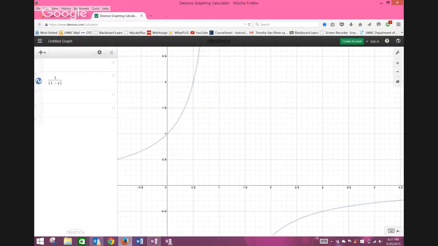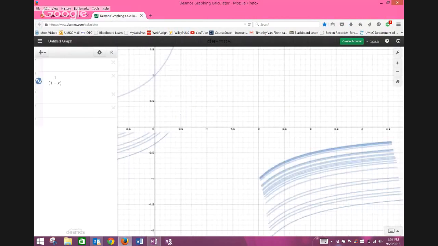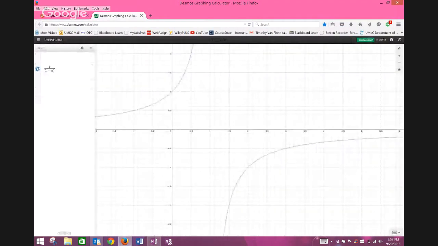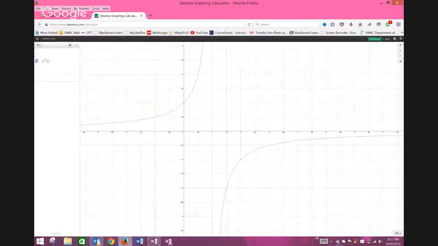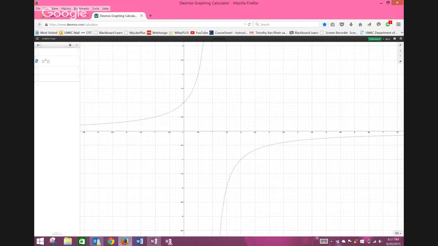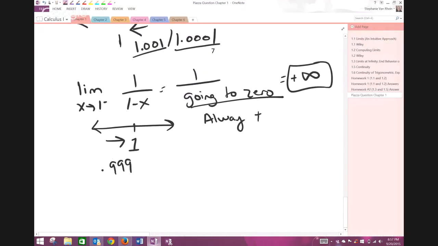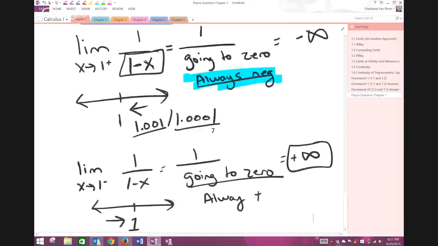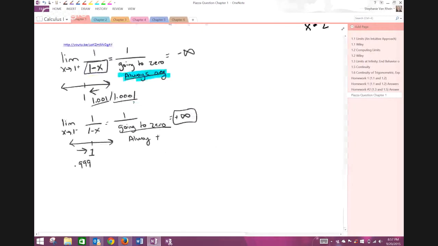If I look at the limit on the right, I go to minus infinity. This is a graph of a function like 1 over x. On the right, it goes to minus infinity. On the left, it goes to positive infinity. So hopefully this explains what's going on here.